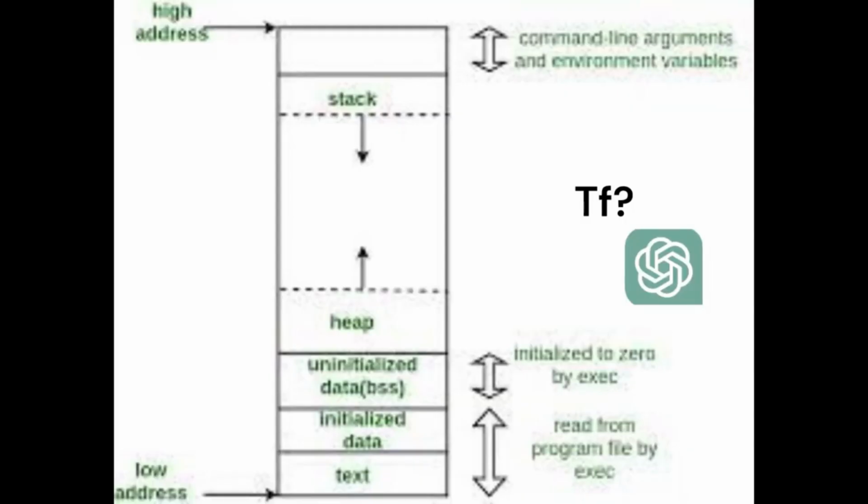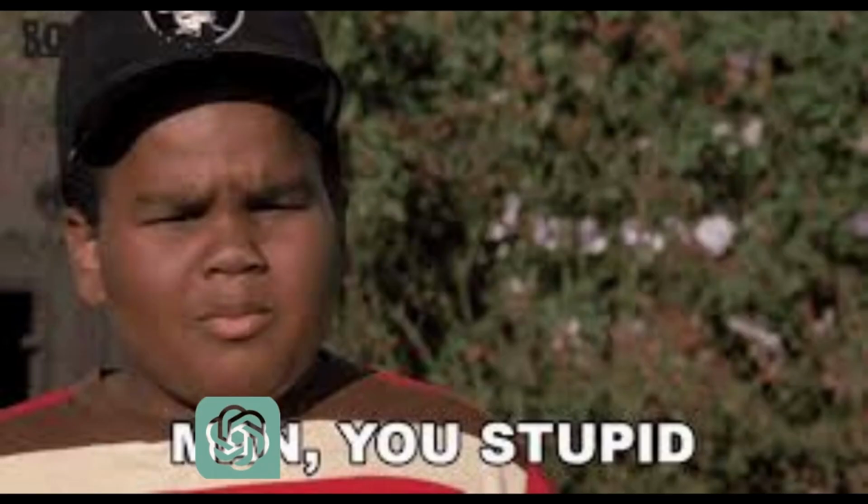Trying to get it to allocate memory in C is impossible. And even for languages as simple as Python, it makes up modules and functions that don't even exist. In conclusion, ChatGPT's greatest weakness is writing something it is made from.